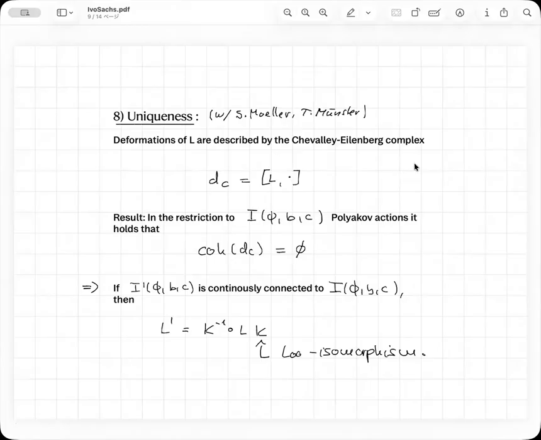So open string field theory actually also knows something about the closed string. This is something I think is surely related to the AdS/CFT correspondence. I know Yuji and many others are thinking about this, and I think there's an interesting story ahead, but it's still not fully answered.